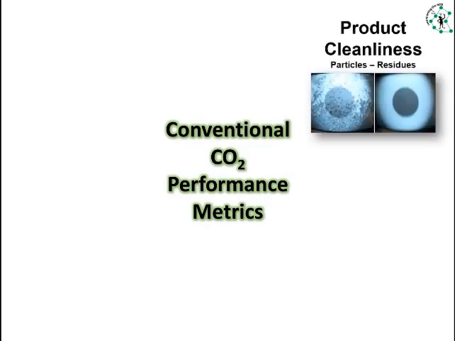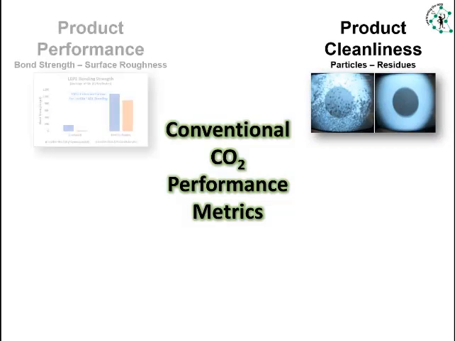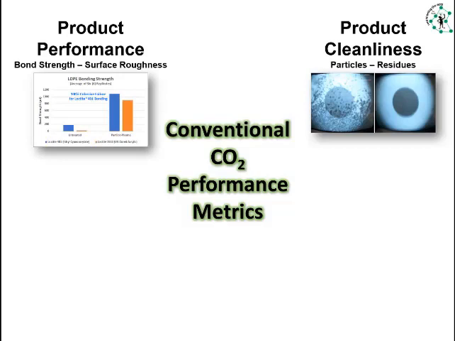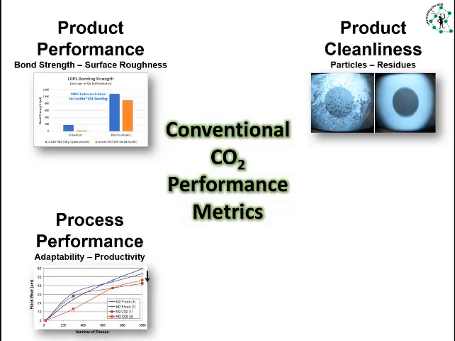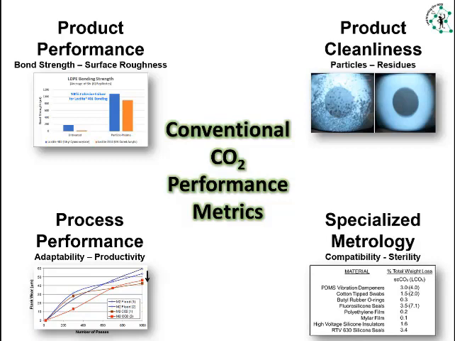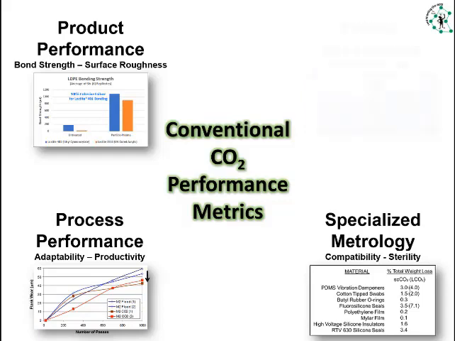For example, product cleanliness, particles, residues, product performance, bond strength, surface roughness, process performance, adaptability to process, productivity enhancements, specialized metrology, material compatibility, sterility, just to name a few. These performance metrics represent conventional wisdom.